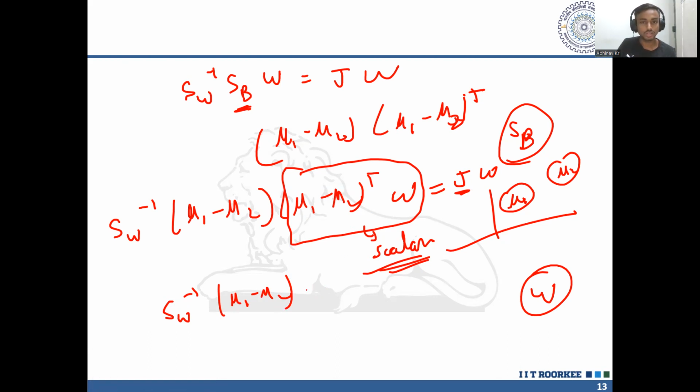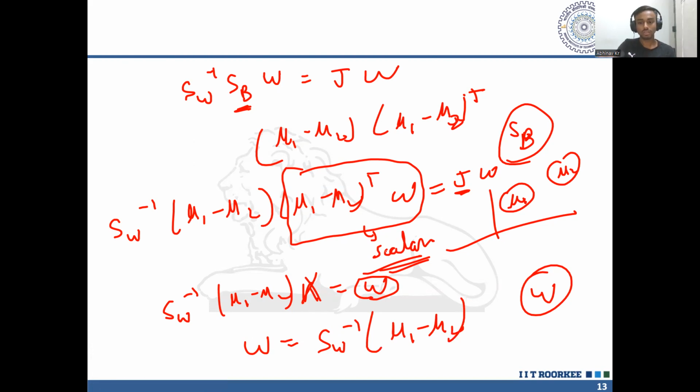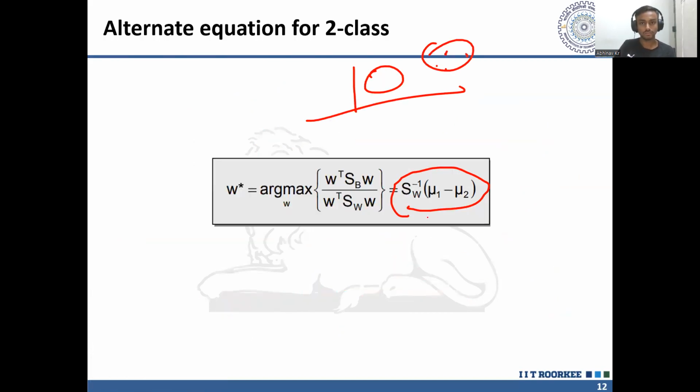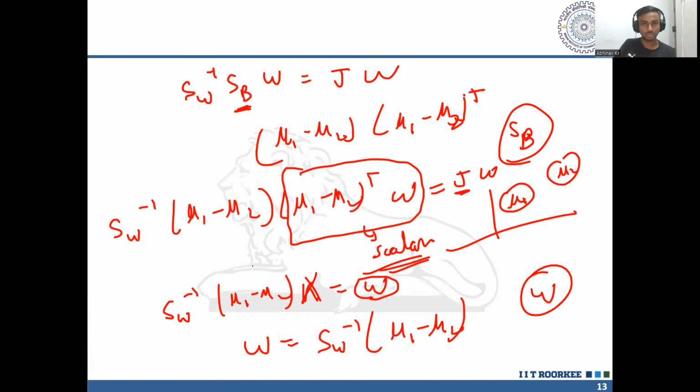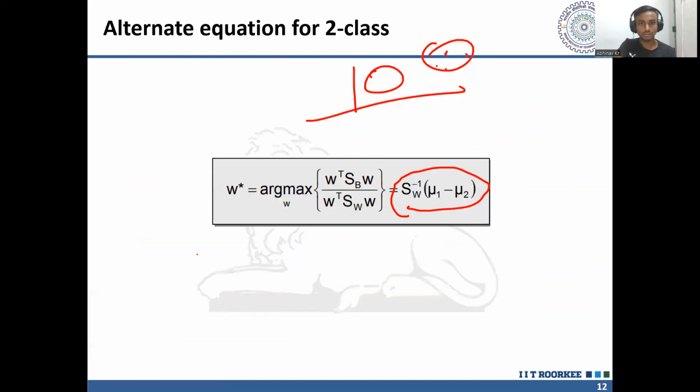J is also a constant, so we can write this as K times W. Now, what exactly is W? W is actually a direction. So we can ignore this K quantity, and thus W becomes SW inverse (mu1 minus mu2). That's why we were able to write this for the case of two classes. And thus I think we conclude this PPT. Thanks for listening.